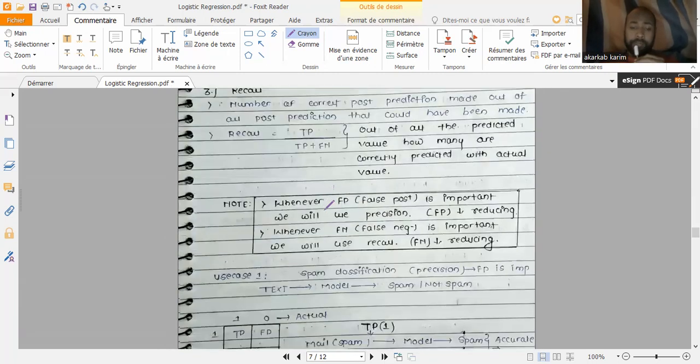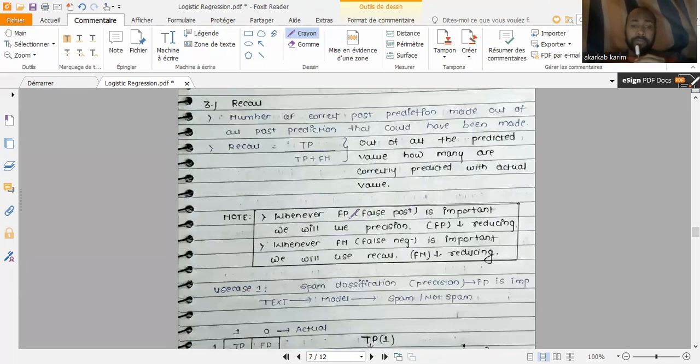So we have a note here. Whenever false positive is important, we will use precision. That means we are reducing this false positive. When we face a scenario where we need to focus just on false positives, at this time we need to reduce the false positive.